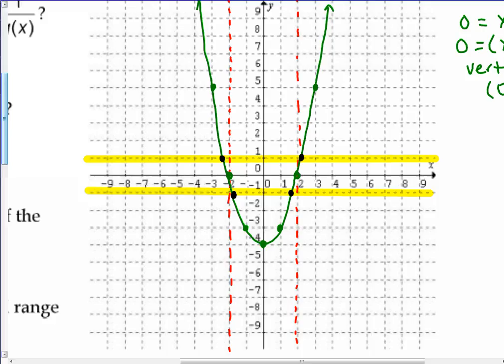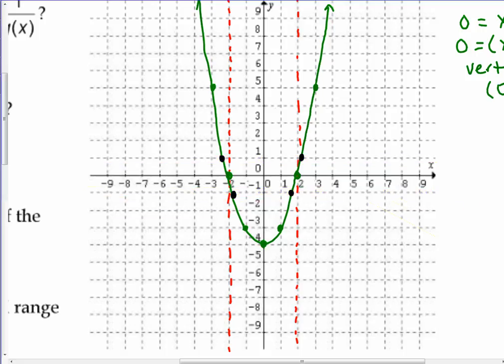What was another important point on the original graph that we can try and do the reciprocal of? The vertex, sure, or the y-intercept. So the vertex was at negative 4. So what's the reciprocal of that going to be? Negative 1/4. Okay, I'm going to get rid of these lines now. Let's move that out of the way.